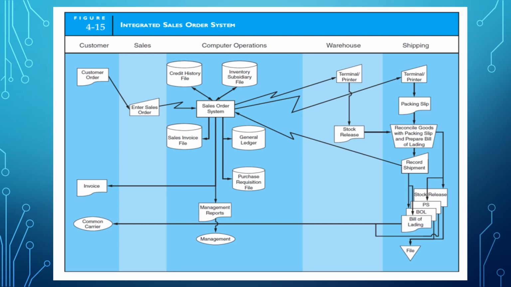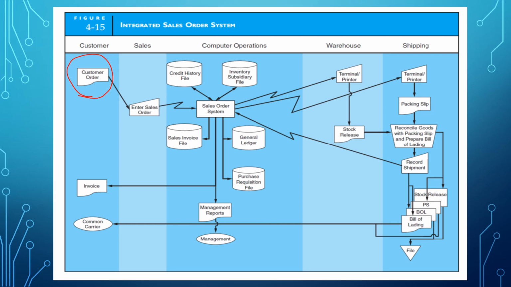This figure explains the integrated sales order system, or what we call the advanced system of sales order. Here we still start with the customer order, which is the source document and is still manual.